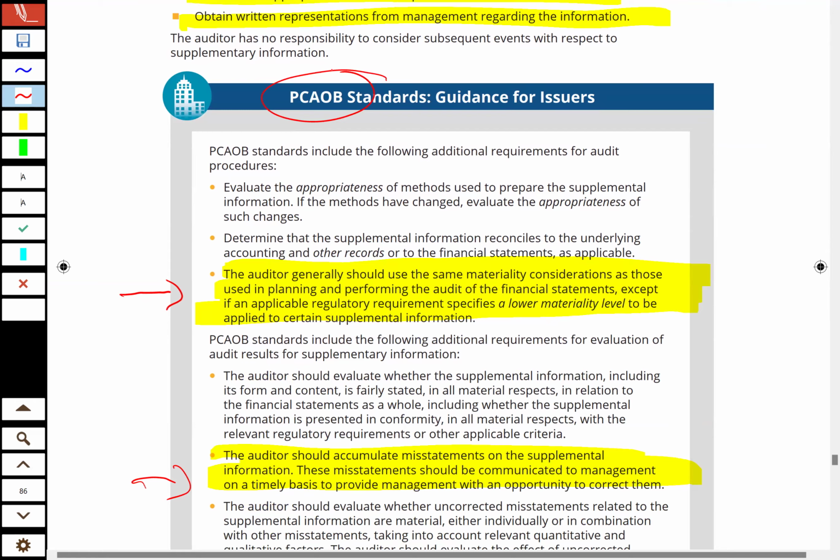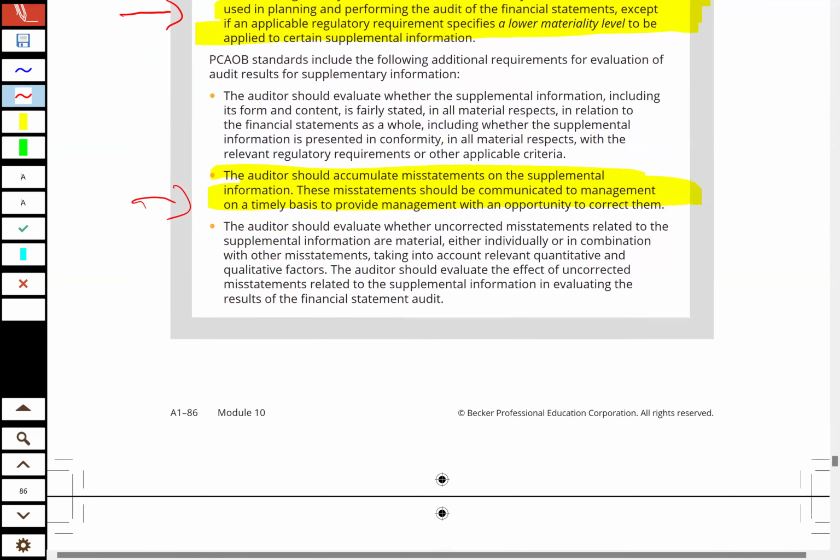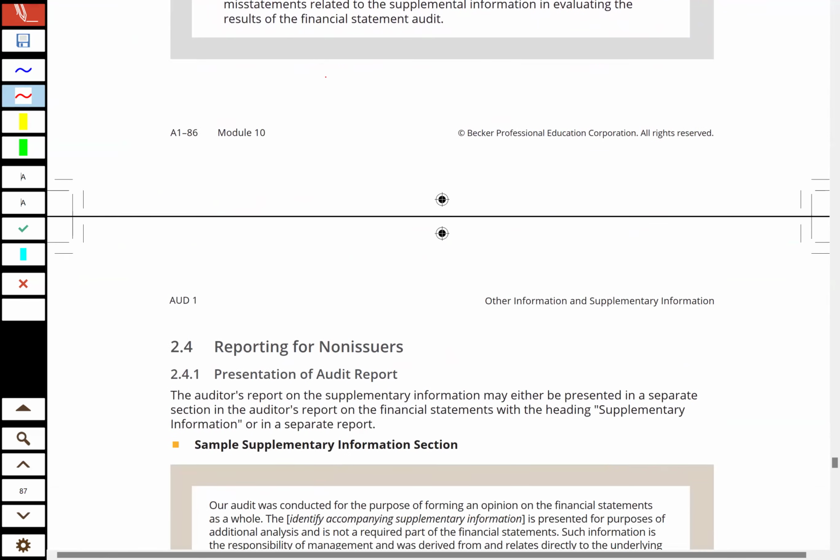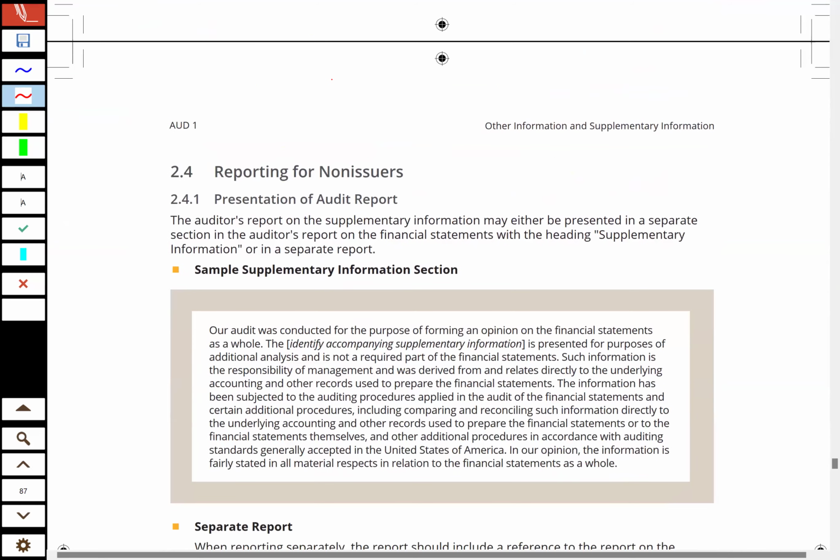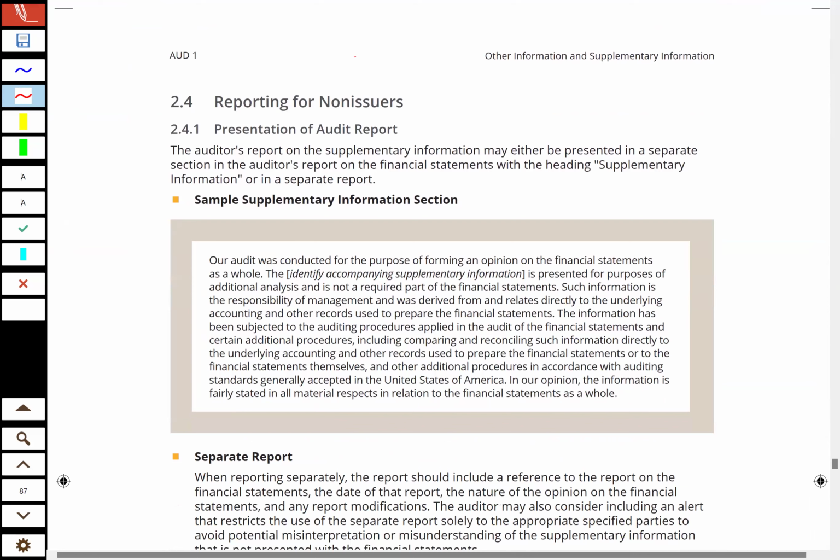Now let's take a look at what the report will look like for non-issuers. The auditor's report on supplemental information may either be presented in a separate section of the auditor's report on the financial statements with the heading supplemental information, or in a separate report. You have that option.